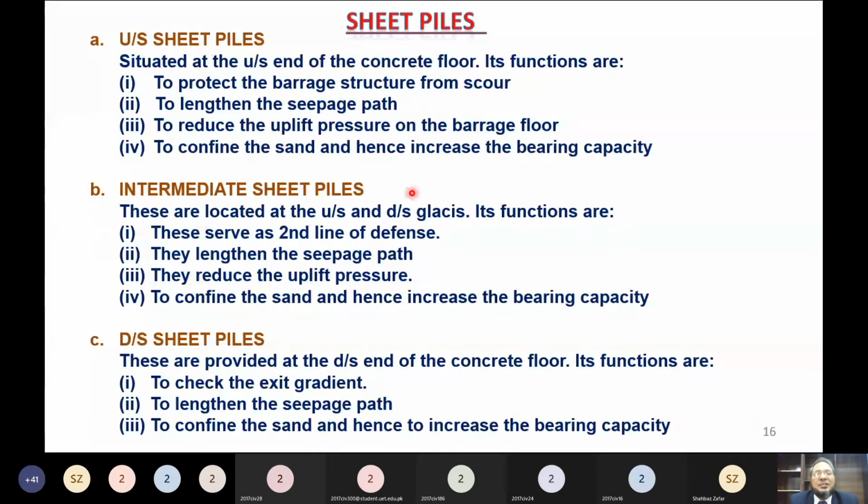Now, what are the intermediate sheet piles? Actually, these are the sheet piles which are provided on the downstream end of the upstream concrete floor.